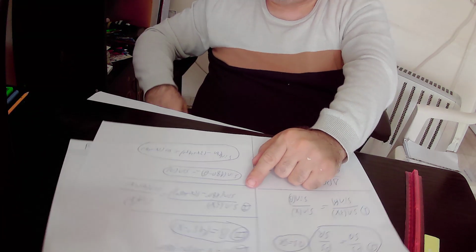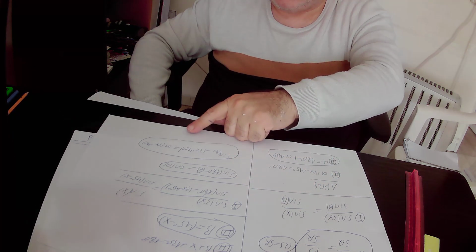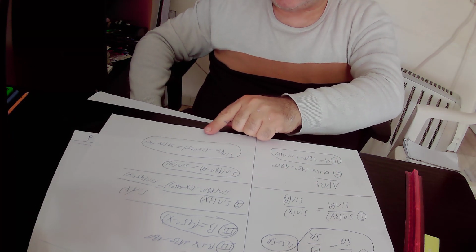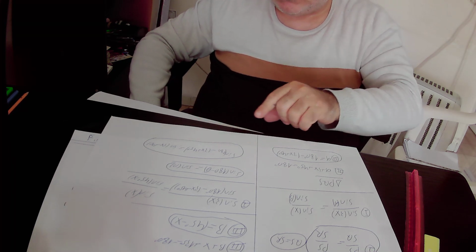So we change in equation number 1 sine of (180 degrees minus (3x plus 45 degrees)) to sine (3x plus 45 degrees).